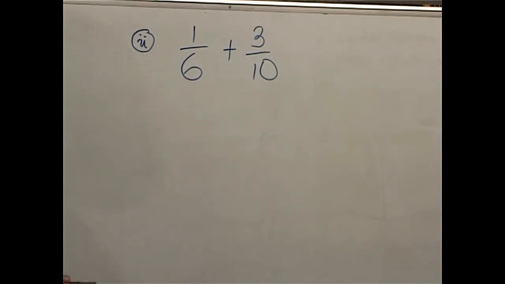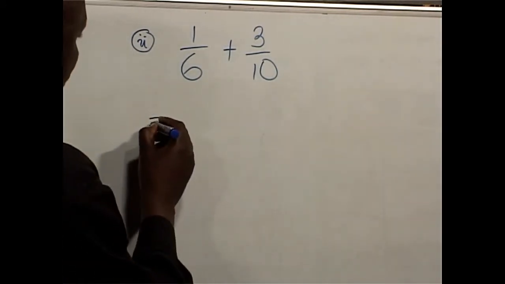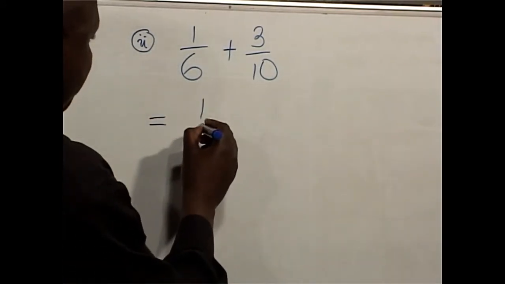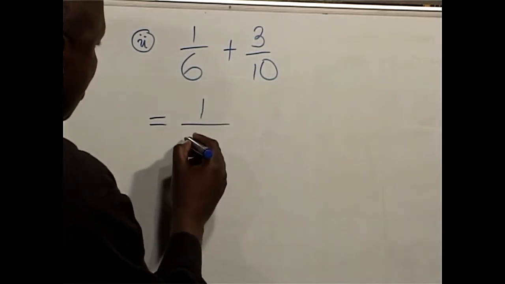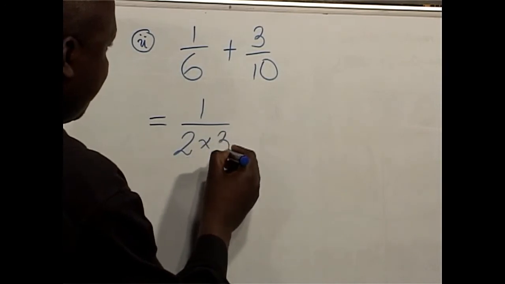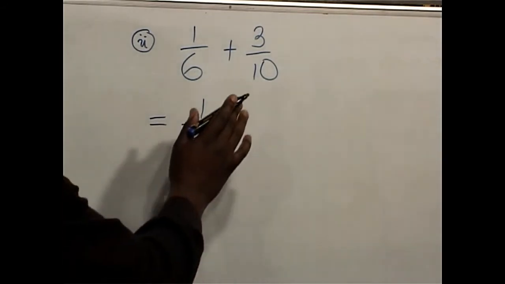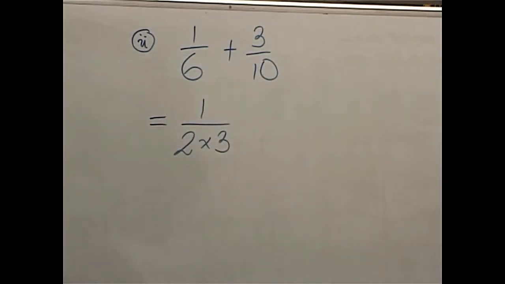Which prime numbers can we multiply to get 6? Indeed, the two are going to be 2 and 3. So this fraction 1 over 6 has to be written down as 1 over 2 multiplied by 3. And the same thing has to be done to the denominator 10.